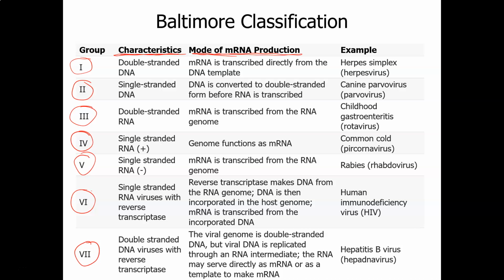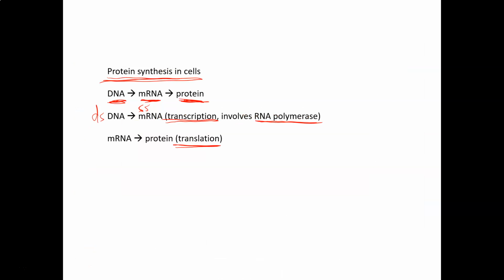Okay, so Group 1 viruses in the Baltimore classification system contain double-stranded DNA, and as you might guess, everything happens just like we learned.